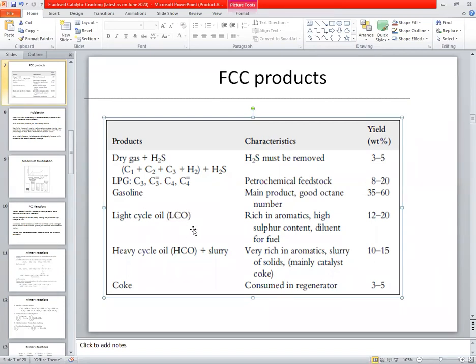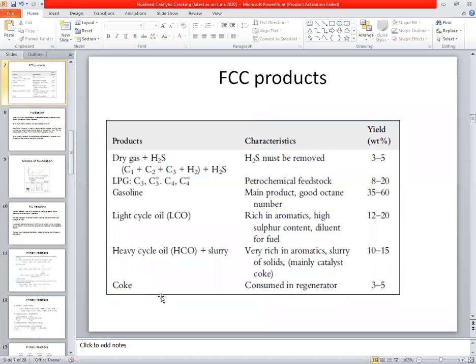From LCO we can get jet fuel or other fuels like kerosene and diesel. Also from the FCC unit we can produce coke, which is not recommended, but it is produced, and we have to do the combustion of it in the regenerator.